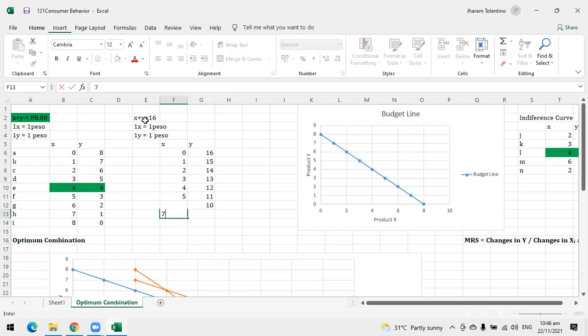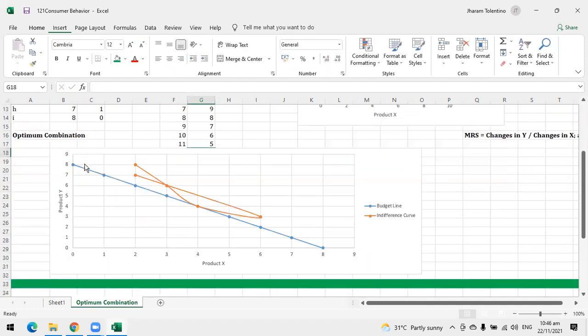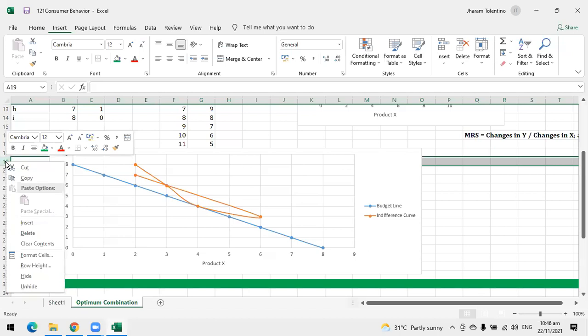Pwede pa ba? 7, 9. 8, 8. 9, 7. 10, 6. Ang haba. 11, 5. Pwede pa ba? Sige.